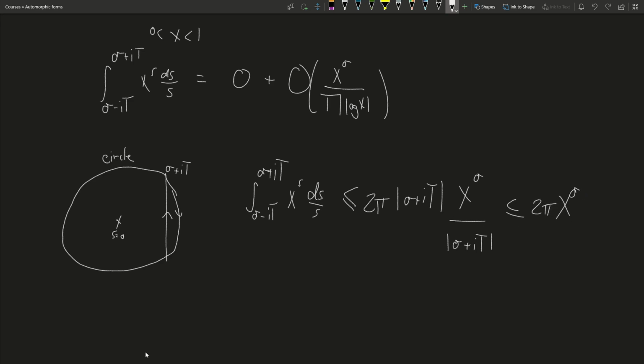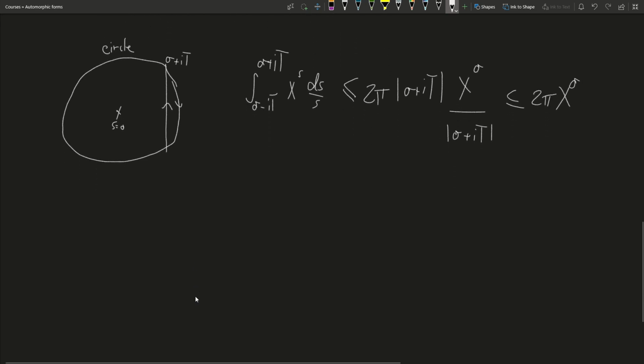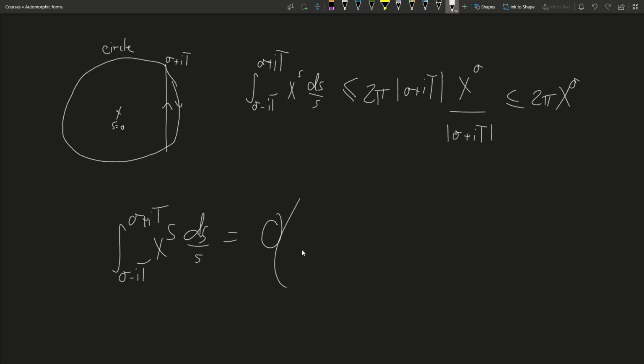What that means is that we actually have the bound: the integral from sigma minus it to sigma plus it of x to the s ds over s is big O of x to the sigma times the min of 1 and 1 over t log x.